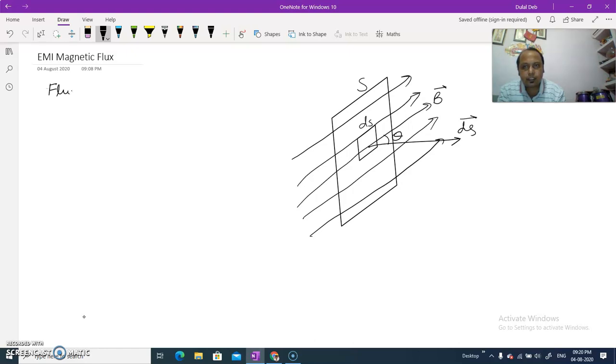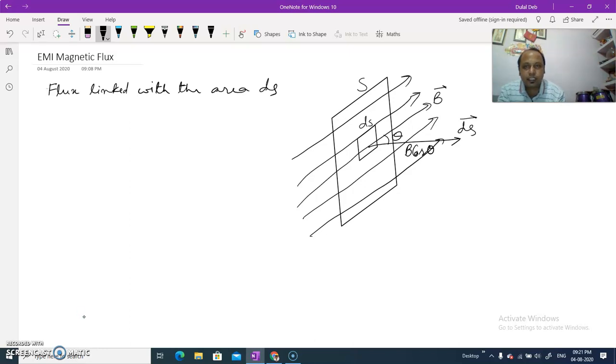Now the component of the magnetic field along the direction perpendicular to the area, that is along the area vector, will be given by B cos theta.